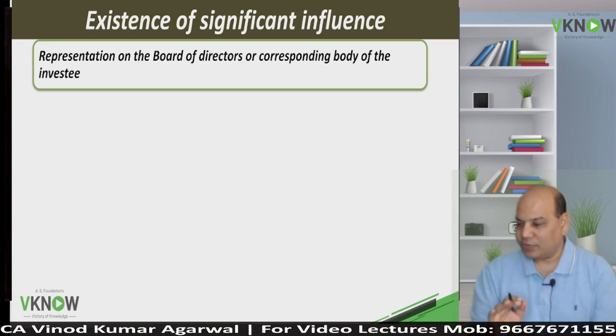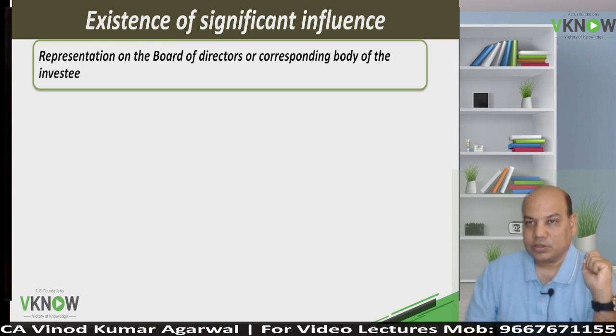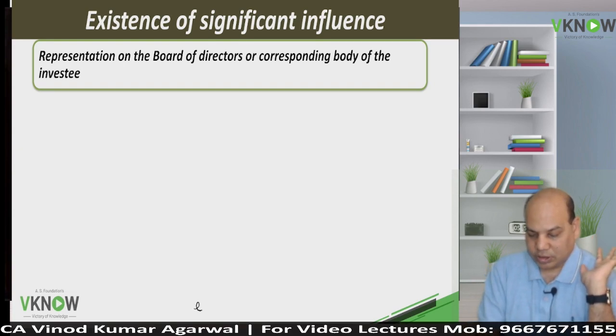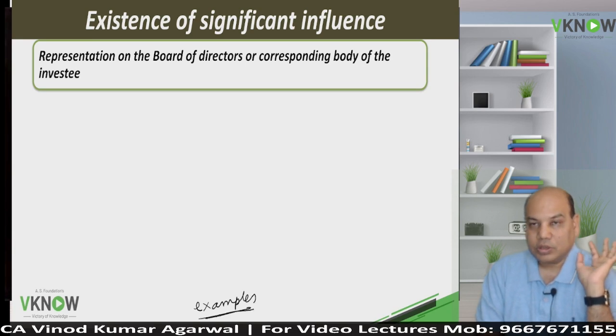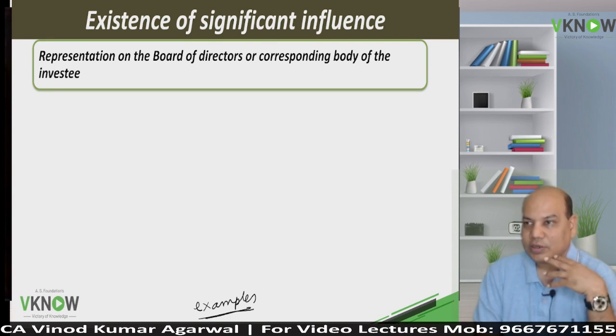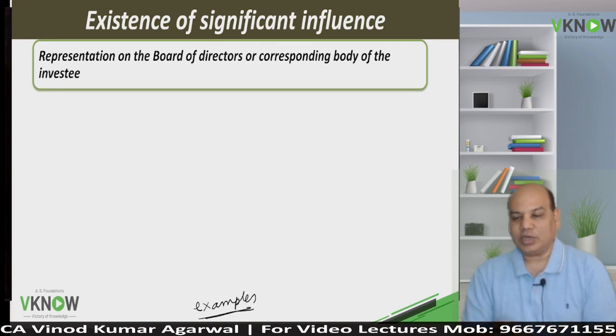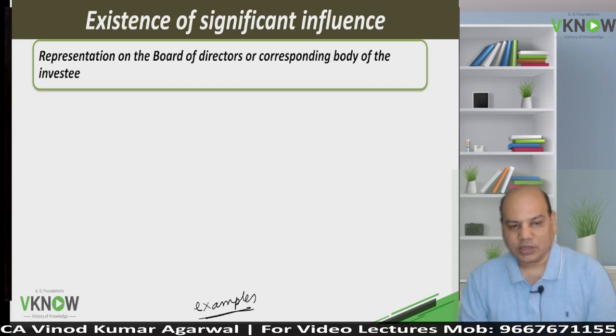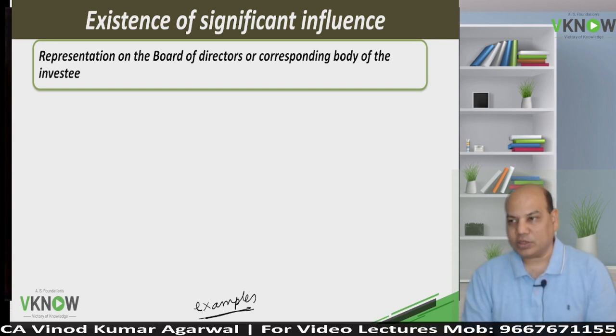So the standard has given you some examples, 5 examples relating to the existence of significant influence. Remember, these are examples. It is not an exhaustive list. Anything over and above this that you find can also be an indication of significant influence.